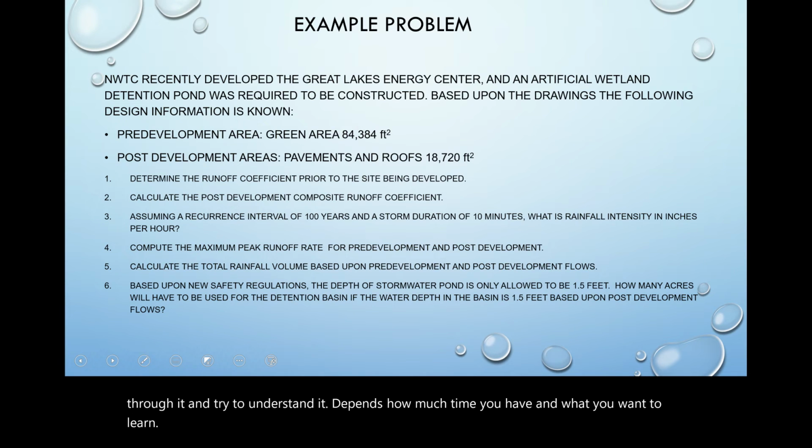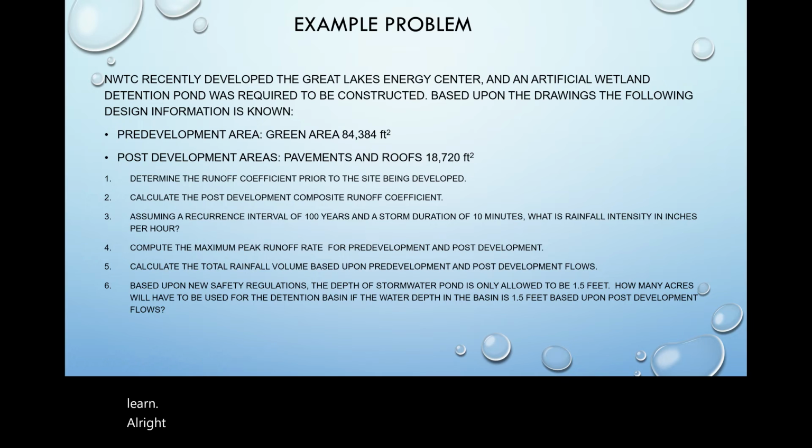All right. So now what I want to do is an example problem, not from your textbook, that's related to a problem actually at NWTC. So we'll go through this, and this will be similar to your quiz.